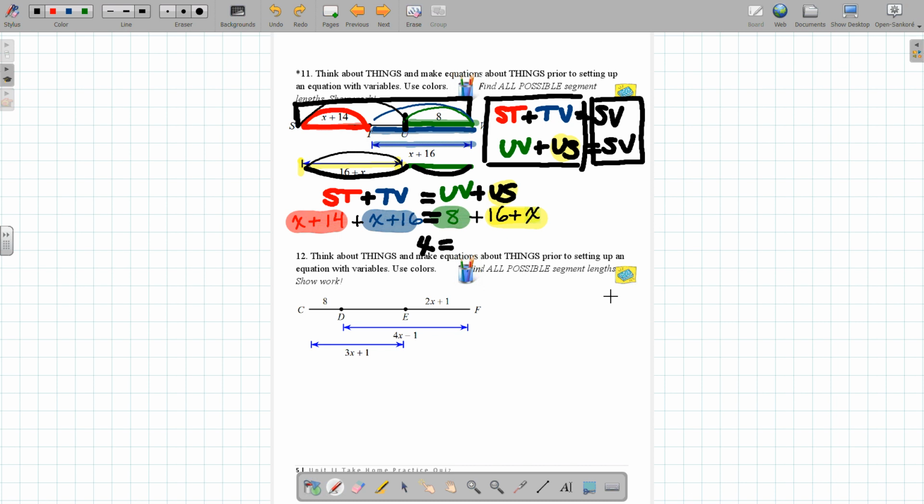You're looking for segments that add up to the larger segment CF. So think about segments that add up to the larger segment CF, and you're going to use that as a connector. Do the work. Check your work online when you're done.